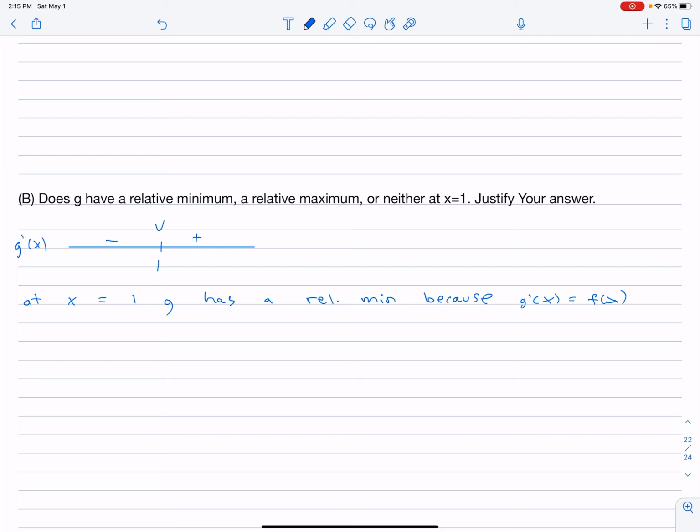I took the derivative of g, so because g prime of x equals f of x changes from negative to positive at that point, there's a relative minimum there. Man, my handwriting's going down. I got to clean that up.